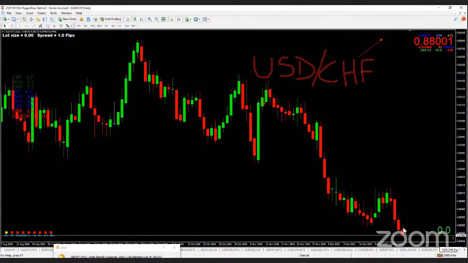The day is not over. The candle is still red, which is bearish, but believe me, who knows? Anything can happen, and by the end of the day, it would end up green, which obviously means that it would have to go up by at least 18 pips or so.